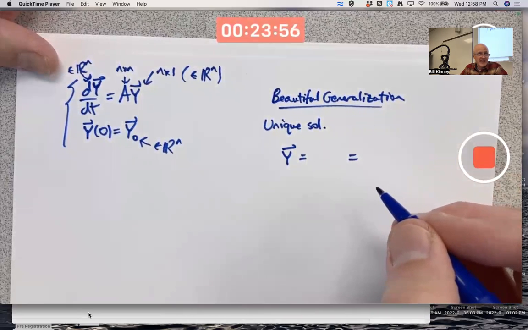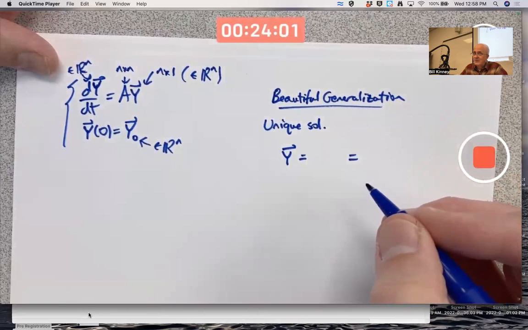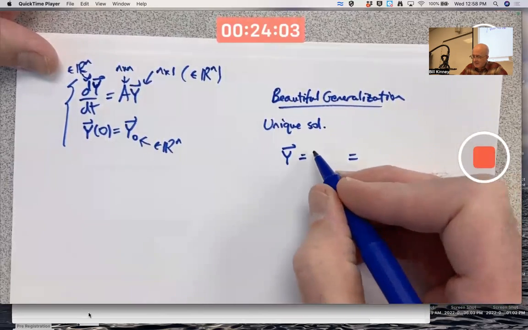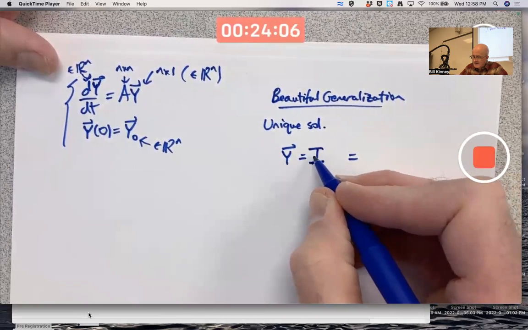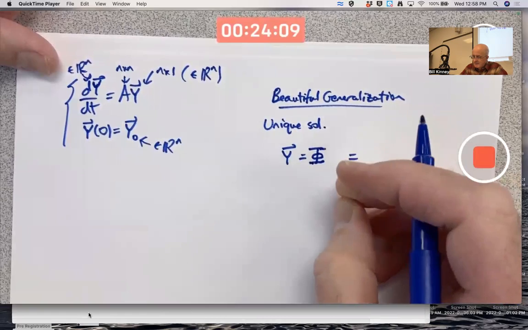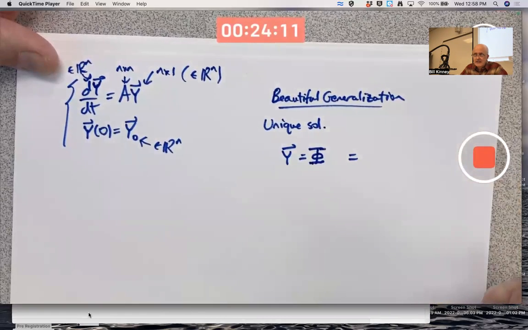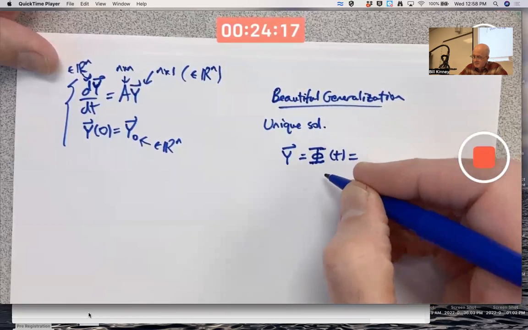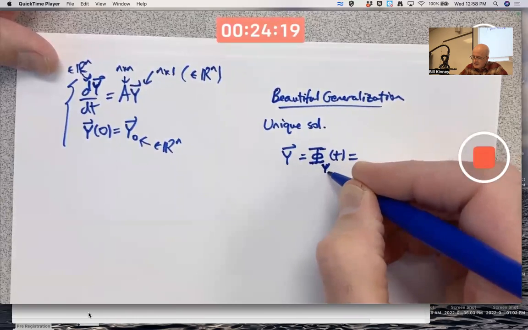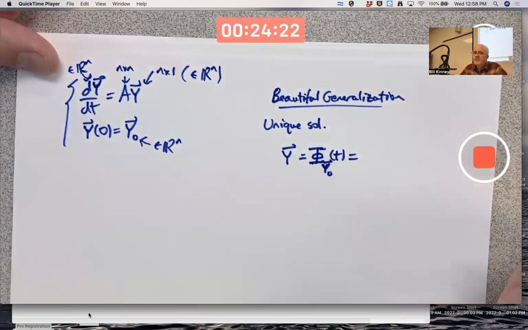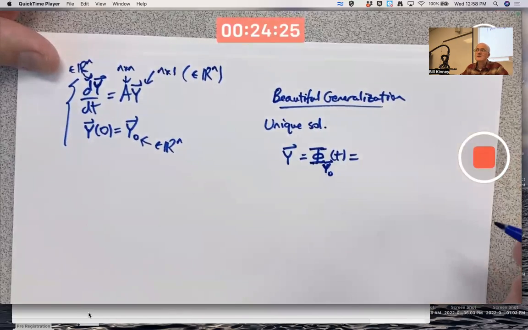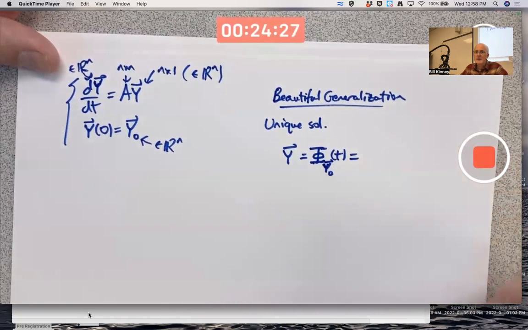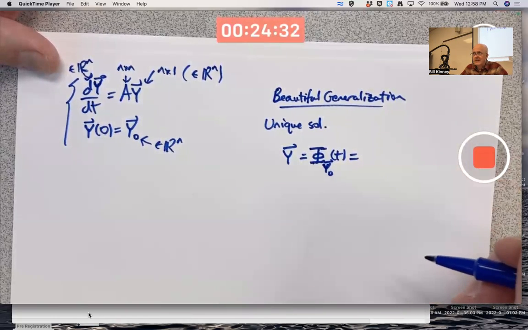I use a Greek letter phi. In vector form, to emphasize it's a vector, I use a capital Phi, which looks like something from Mario Brothers, something Mario would jump off of. It's a function of t, but I also specified the initial condition as a subscript. This is just a function name, capital Phi sub y0. Y0 is just specifying what the initial condition is.